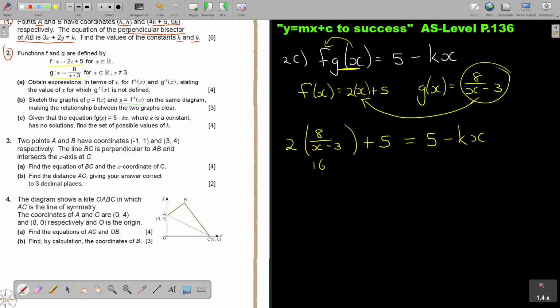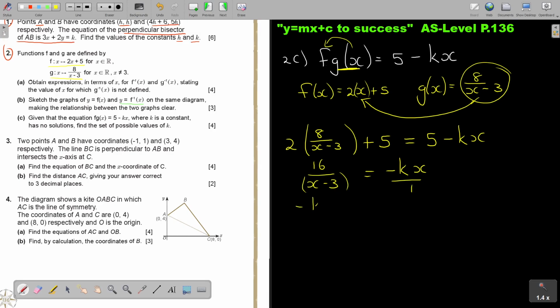Okay, so I have 16 over x minus 3. You can subtract 5 from both sides, but 5 minus 5 just becomes 0 if you take it to the other side. So it's negative kx. Now I'm going to put this over 1 and cross multiply.